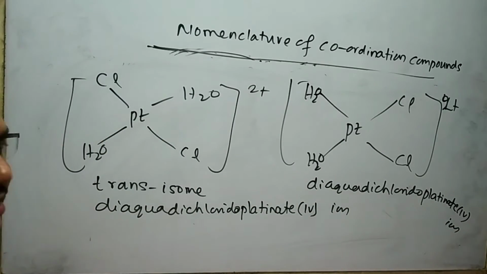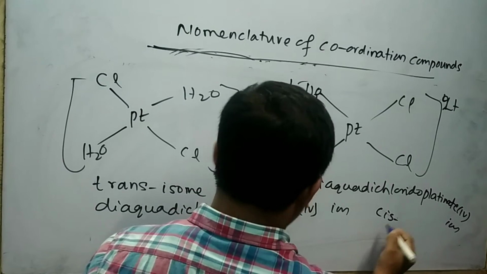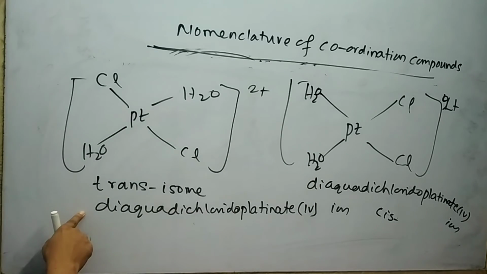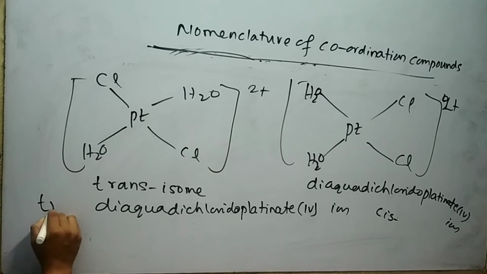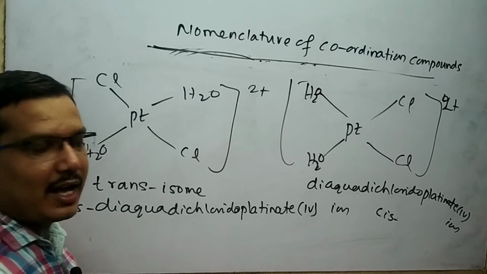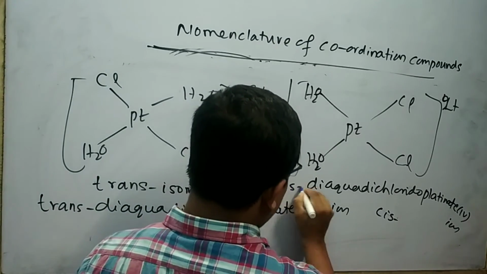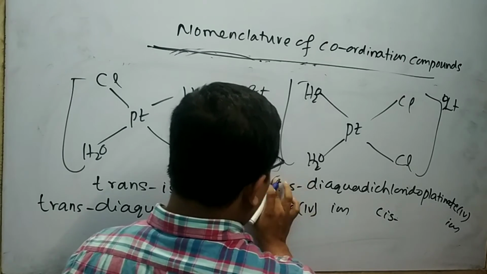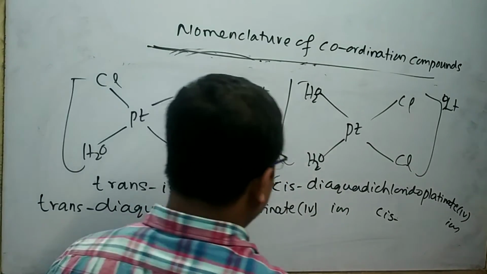But there is a difference. It belongs to cis isomer. That one belongs to trans isomer. So here it is bound to write trans-diaqua dichlorido platinate IV ion. Here it is bound to write cis-diaqua dichlorido platinate IV ion.